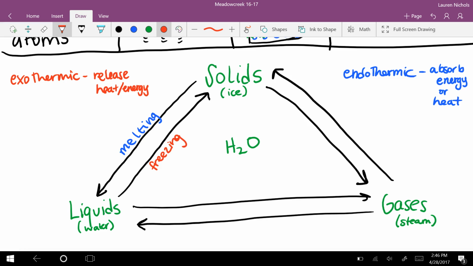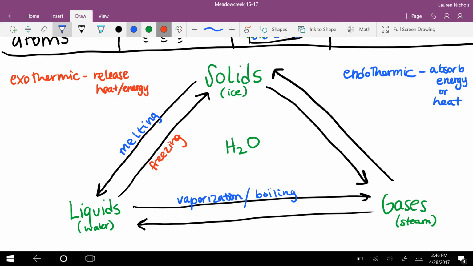As I go from a liquid to gas, I have to put heat in it. If I put liquid water on top of the stove and I turn the stove on, it's going to start to vaporize. And I know it's starting to vaporize when I see vapor, when I see evaporation, but especially when I see boiling.